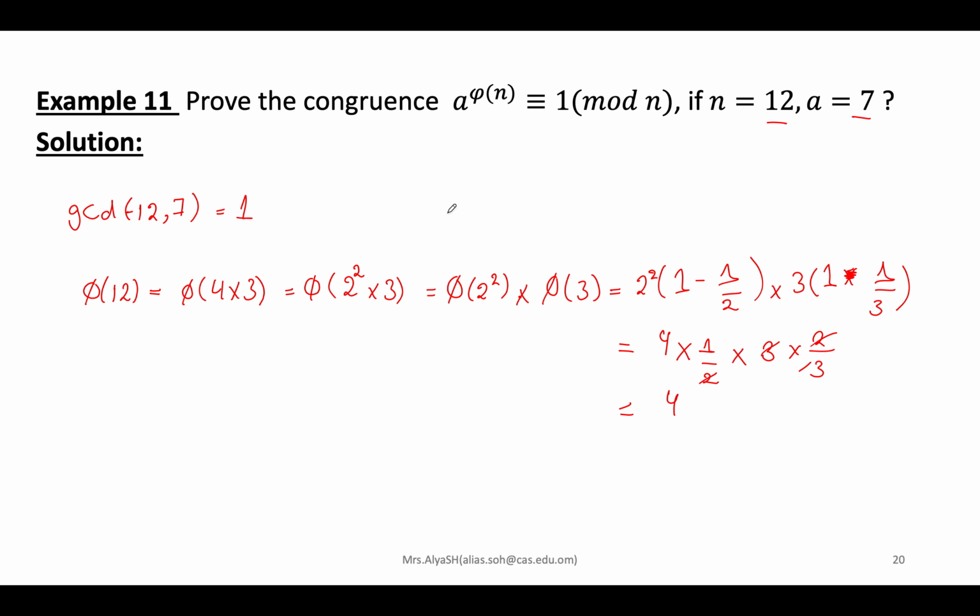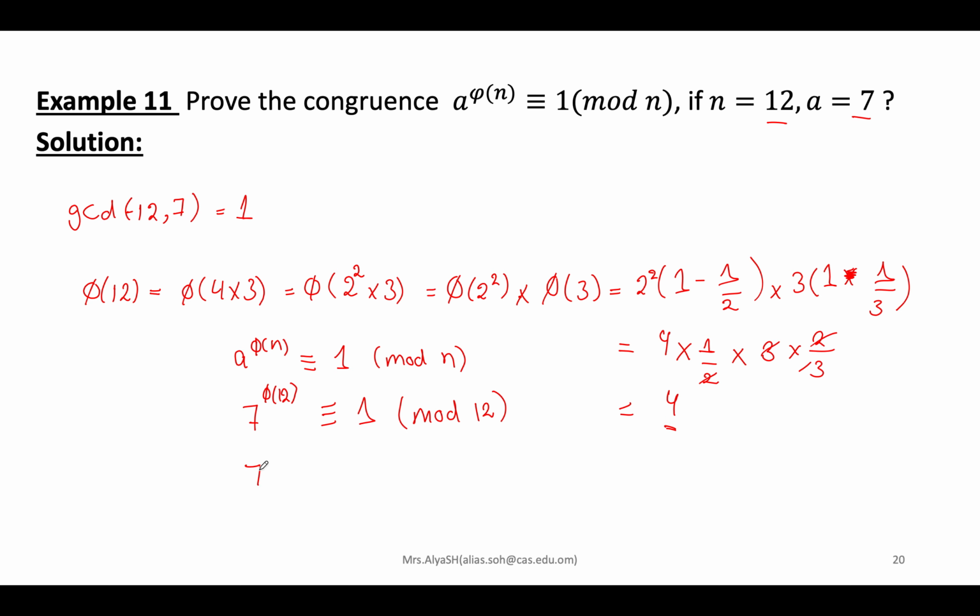Now applying this theorem, we got that a to the power phi of n is congruent to 1 mod n. So a is equal to 7. 7 to the power phi of 12 should be congruent to 1 mod 12. So here we got that phi of 12 is equal to 4.